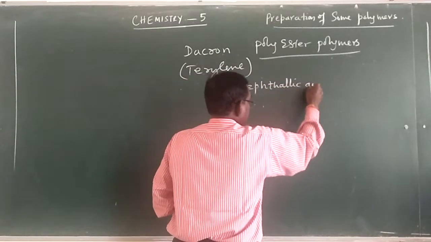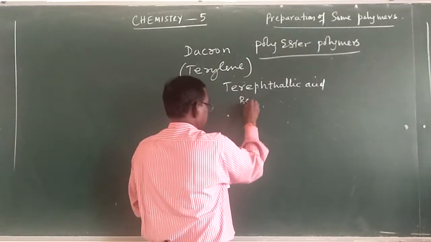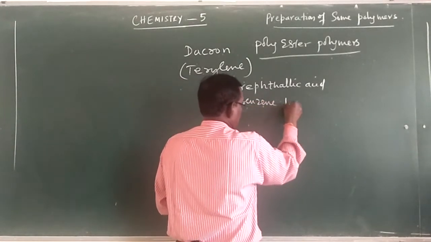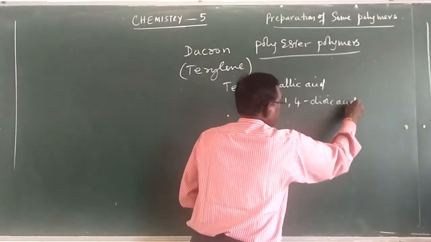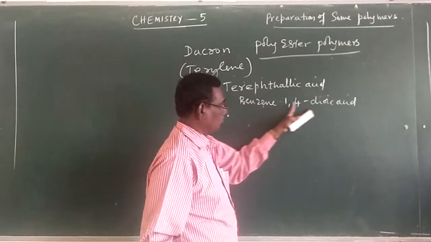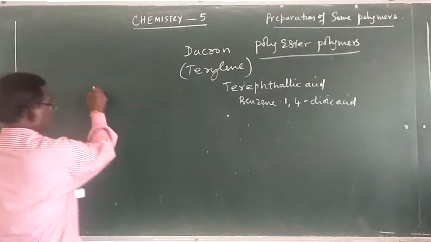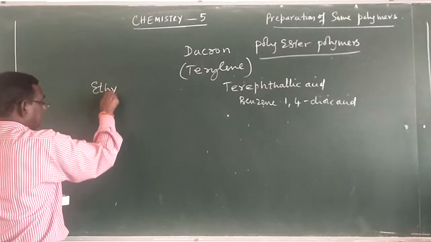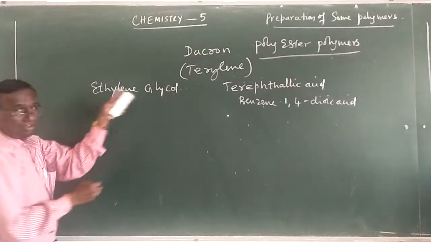Terephthalic acid, TPA. What is this terephthalic acid? That is benzene 1,4-dioic acid. This is the first one. One more is ethylene glycol. Ethylene glycol is a dihydric alcohol.